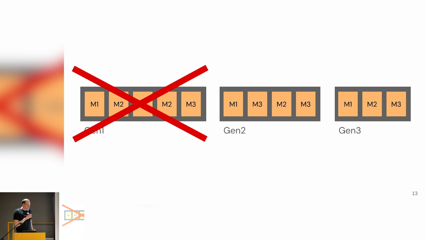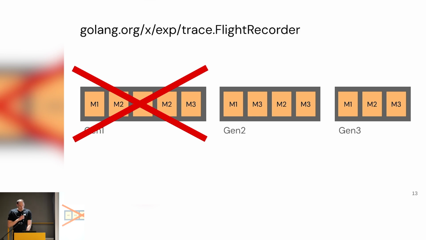And another thing that this allows you to do, or I would like to share, so this is the flight recorder. It was added in Go 1.22, and also it was accepted.